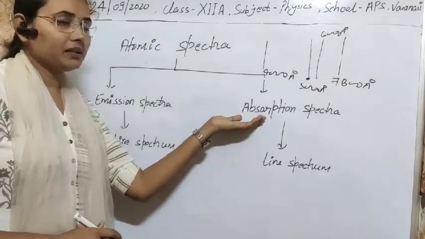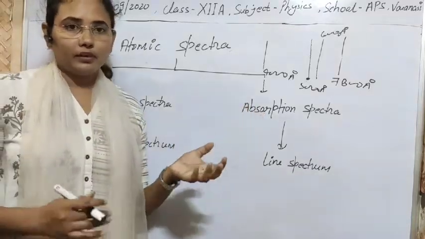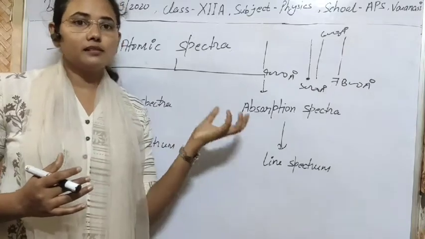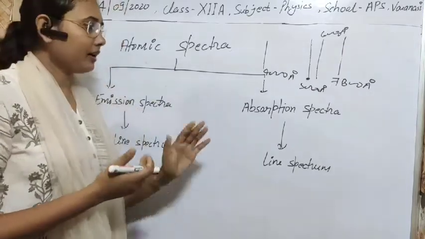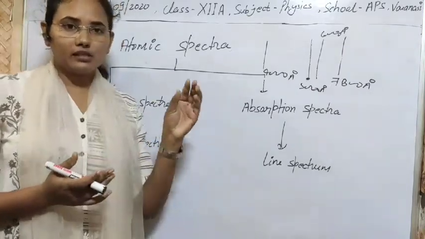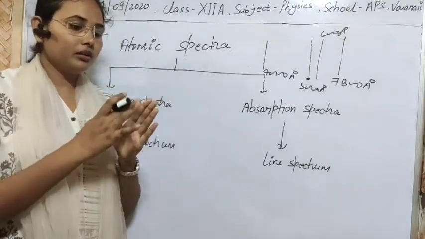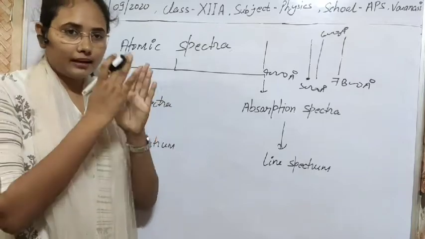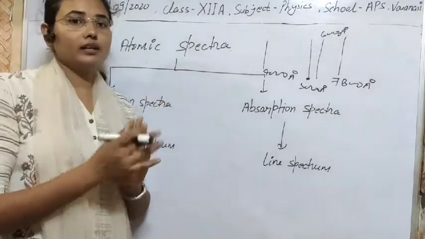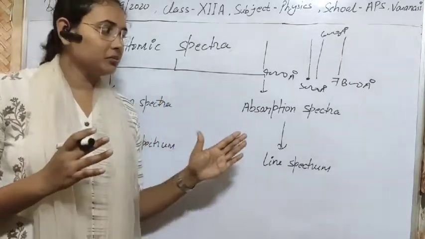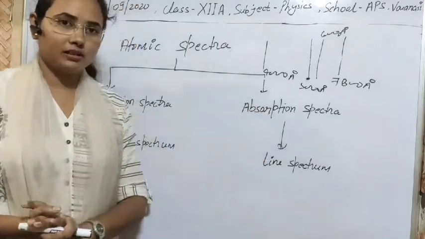And absorption spectra is simple. If any light radiation passes through gases or vapor or any medium, then some of the wavelengths are absorbed by them. If we put that absorbed wavelength in increasing or decreasing order, then again we will get an arrangement, and that is known as absorption spectra.